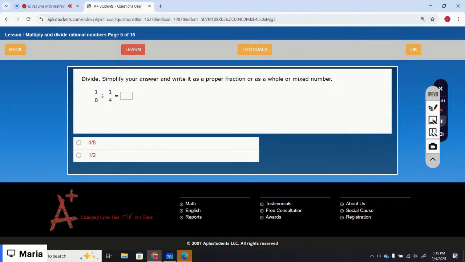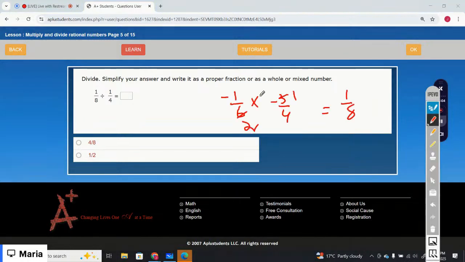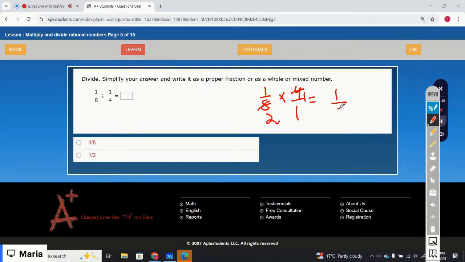One over 8 divided by 1 over 4. Convert the division sign to multiplication and take the reciprocal of the other fraction. 4 times 1 is 4 and 4 times 2 is 8.